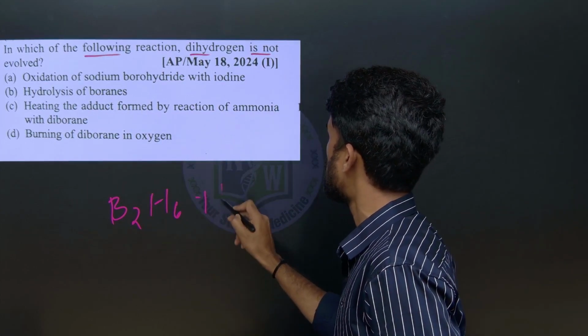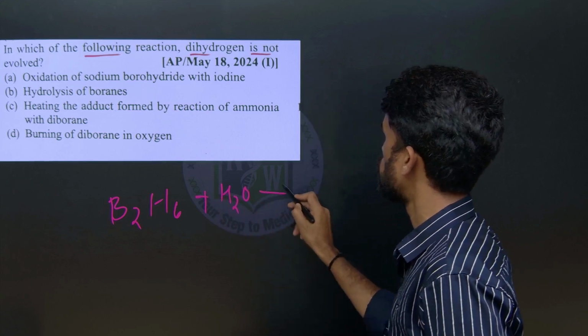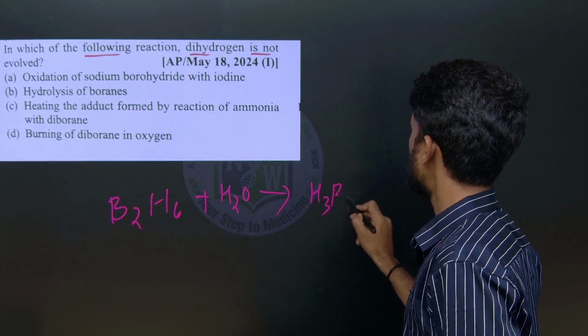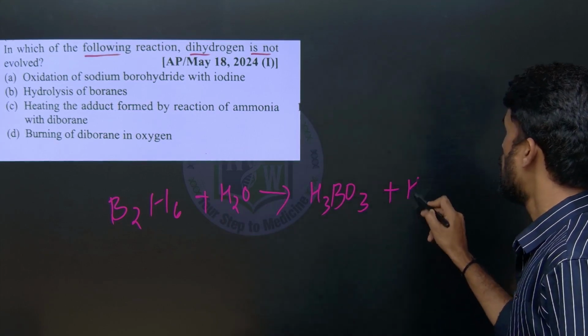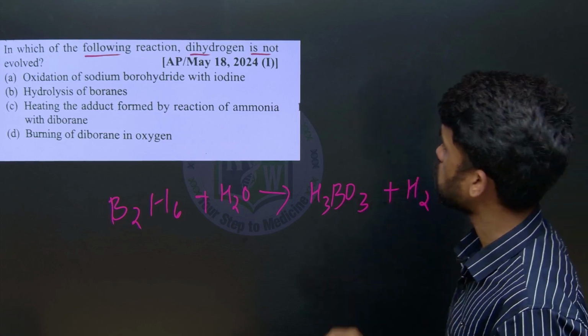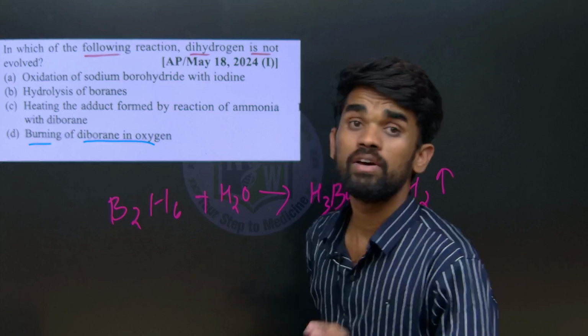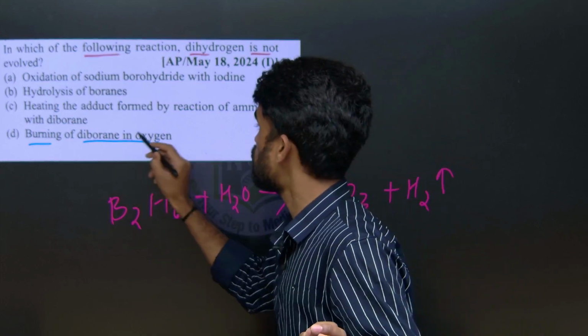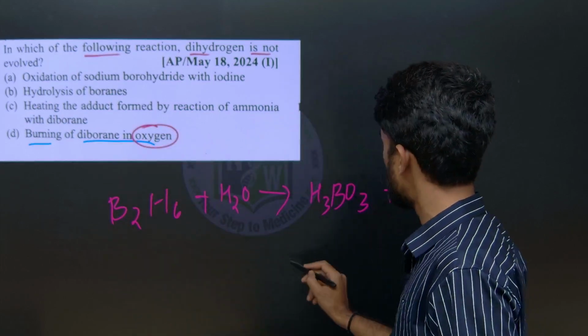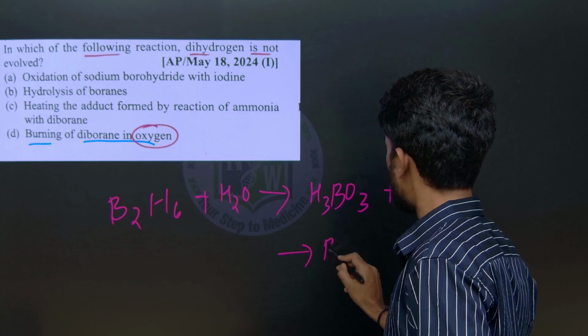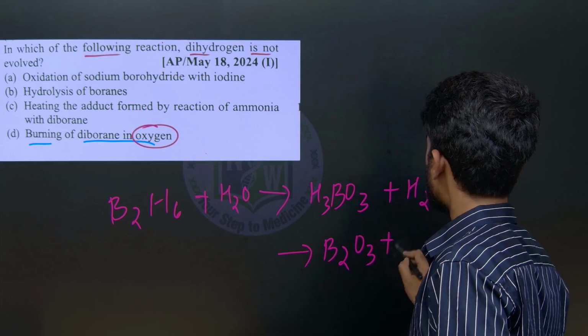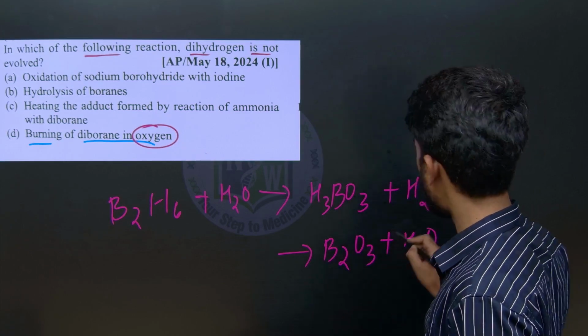B₂H₆ upon hydrolysis produces H3BO3 orthoboric acid and also hydrogen gas. This is also producing hydrogen gas. Like that, burning of diborane in oxygen will produce boric anhydride B2O3 and H2O, but not hydrogen gas.